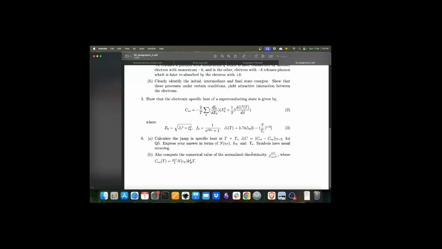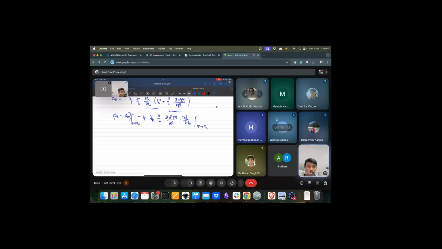And of course this part is there, del Fk del epsilon k. So this is the part. Now we can rewrite this part, which will be evaluated at T goes to Tc. Someone needs to mute, sorry.